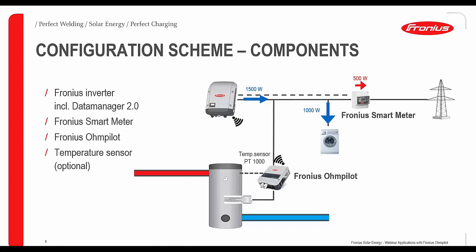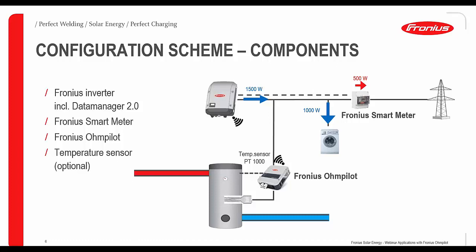So for a little bit better understanding, we have here a configuration scheme for the components. So we have on the top left corner, we start with the Fronius inverter with a Data Manager 2.0. We have a smart meter on the feed-in point, and also the Ohmpilot, and there is connected a heating rod into the boiler, and we also have the temperature sensor.